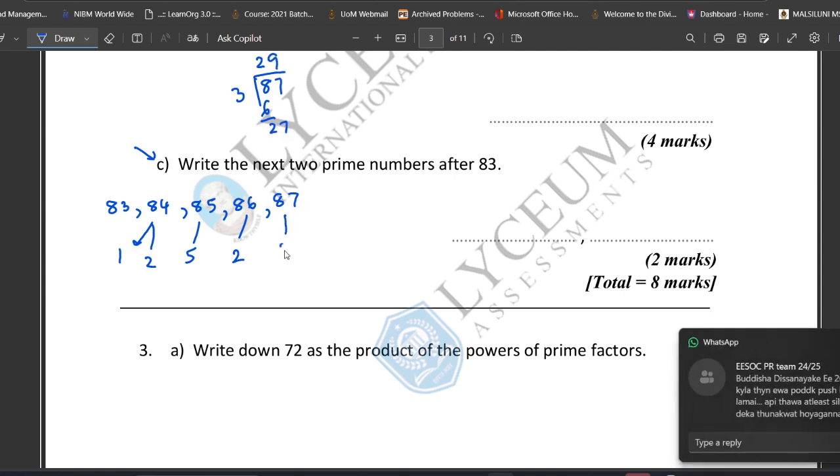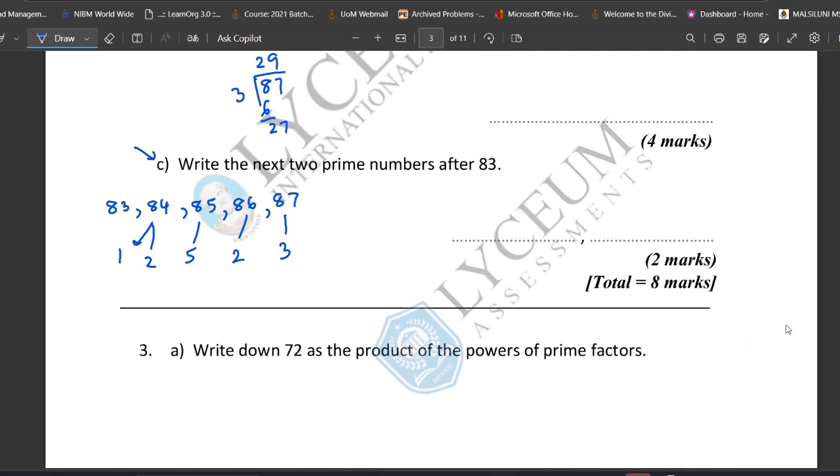So this has 3. 88 also has 2. 89. Let's check 89. Can't divide by 2. Can't divide by 3. Can't divide by 4. 5 also can't. 6.